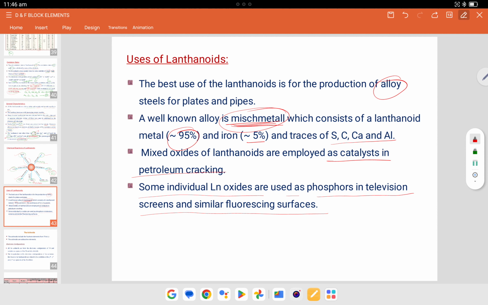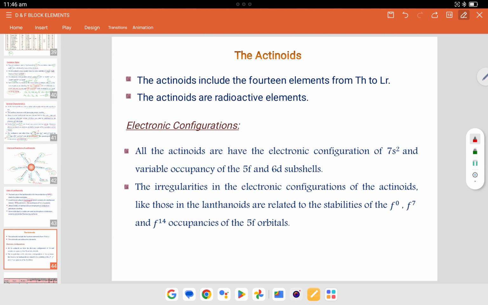Mixed oxides of lanthanoids are employed as catalysts in petroleum cracking. Some individual Ln oxides are used as phosphors in television screens and similar fluorescing surfaces. So these are the uses.